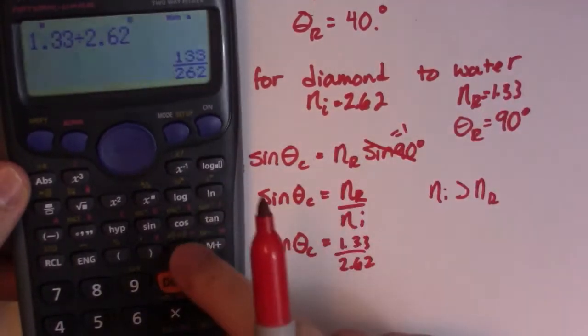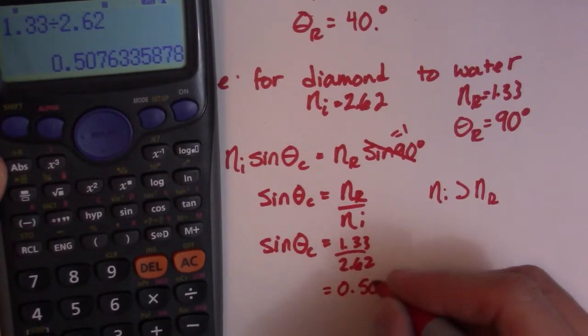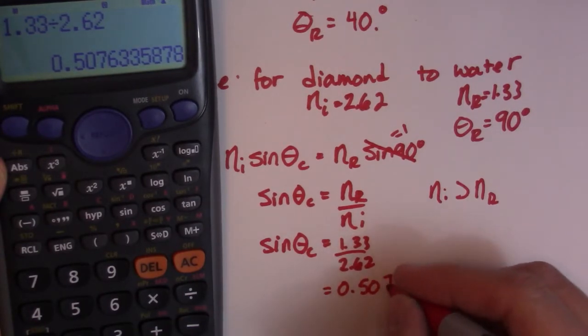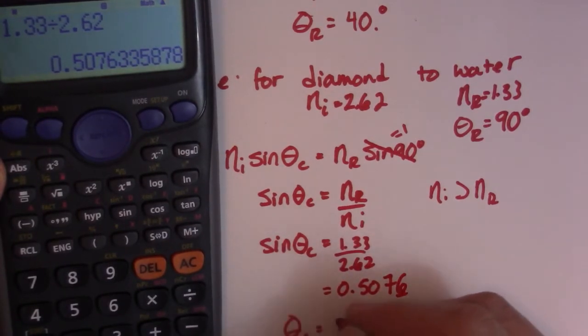I've got 3 sig figs going on here, so I'm going to leave 4 decimals. So 0.5076. And then I'll take sine -1 of that number.